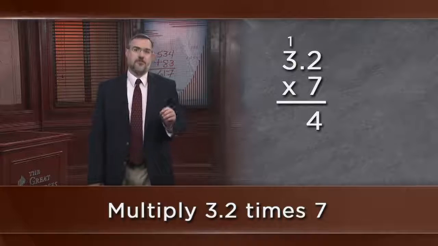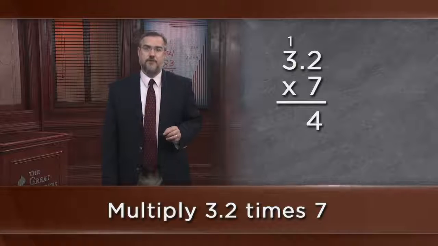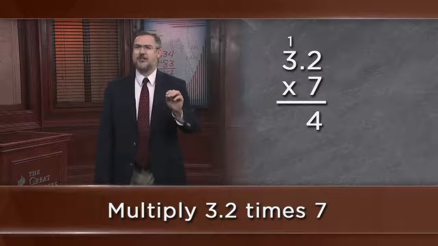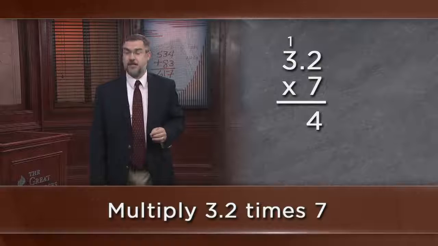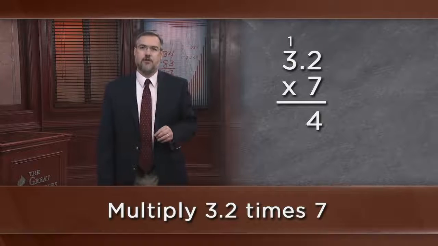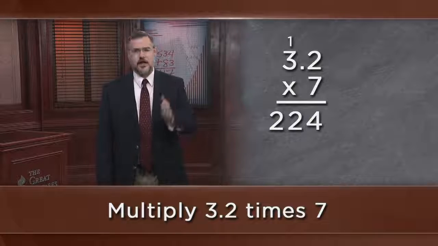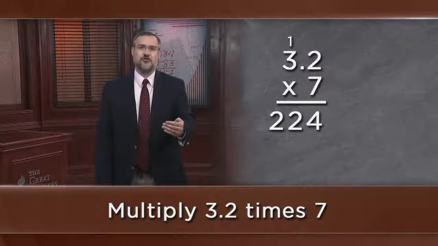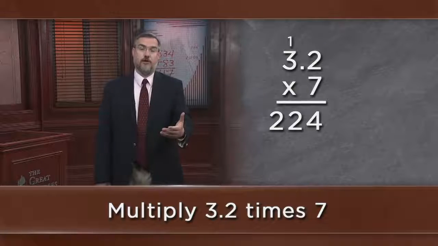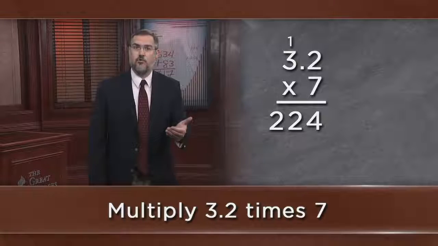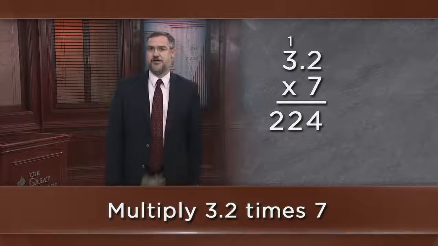Next, we know that 3 times 7 equals 21, and then we need to add in that extra 1 that came from the carry, and 21 plus 1 gives us 22. So we write this 22 to the left of the 4 in the answer section of the problem, and at this point we have 224 in the answer section.